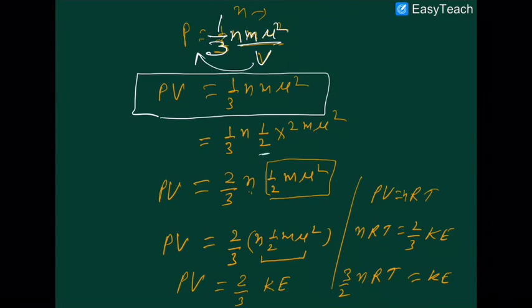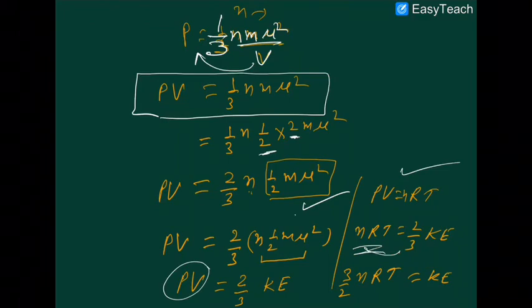You multiply by 2, divide by 2, and you will get this answer. If this is the total kinetic energy of all the molecules taken together, then PV is equal to nRT according to the ideal gas equation. So you put that there and multiply. Please go through that very carefully.